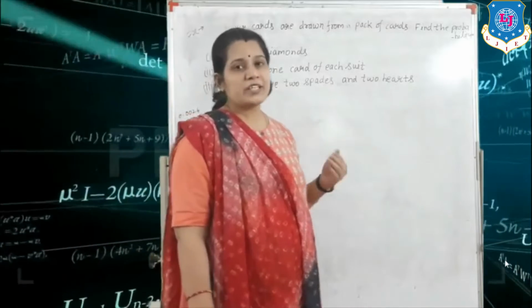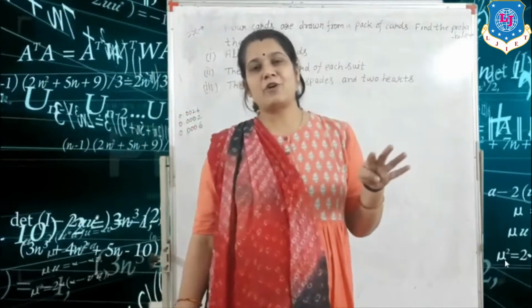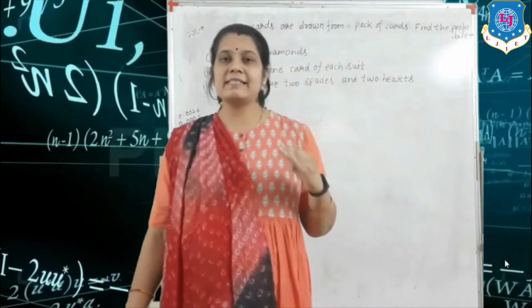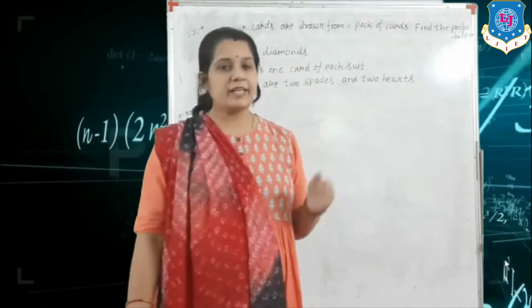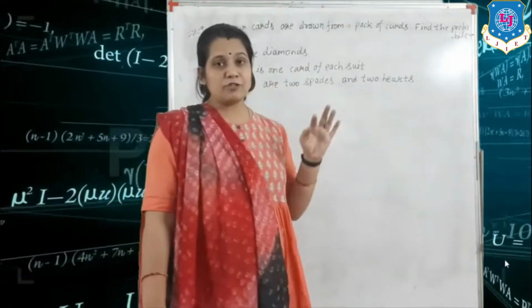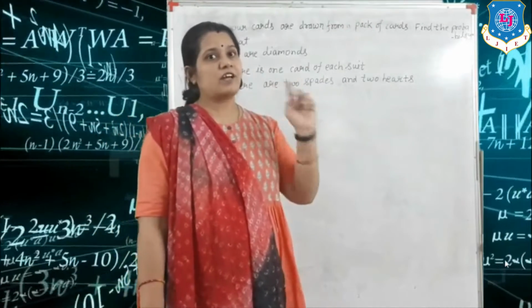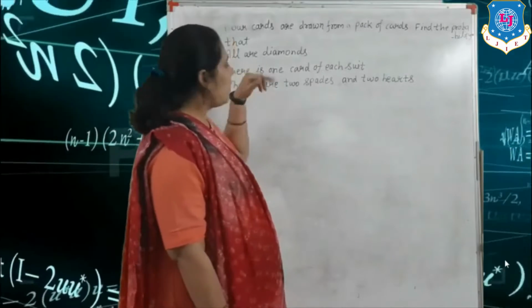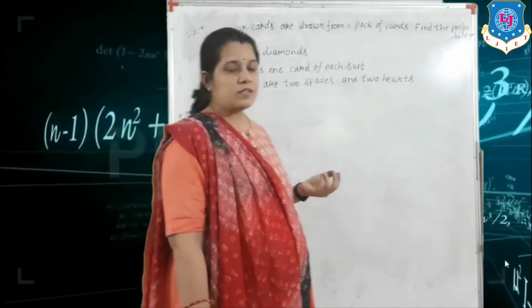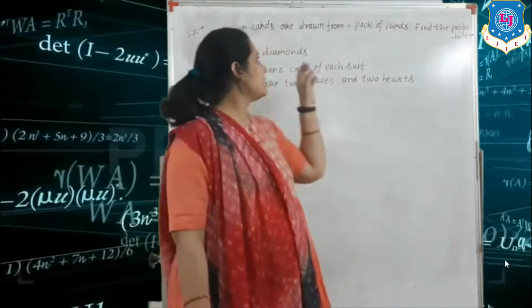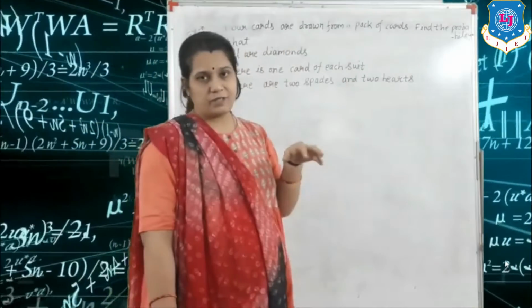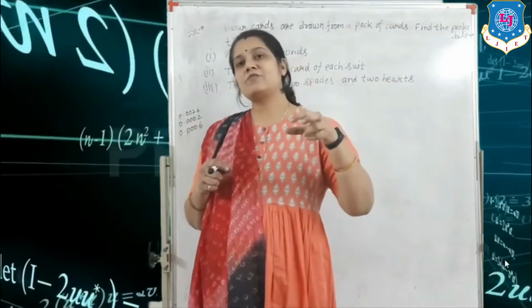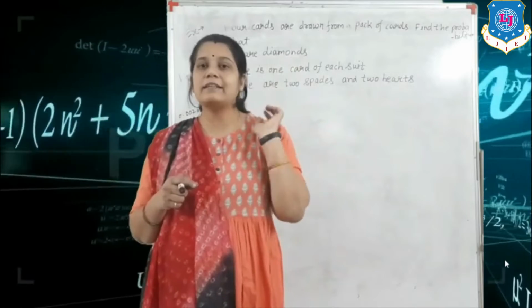You have already known that we have 4 types of cards: diamonds, clubs, spades and hearts. And the total count of each is what? 13, 13, 13, 13. So here, all are diamonds. That means we take out the 4 cards, and the total number of diamond cards is 13.